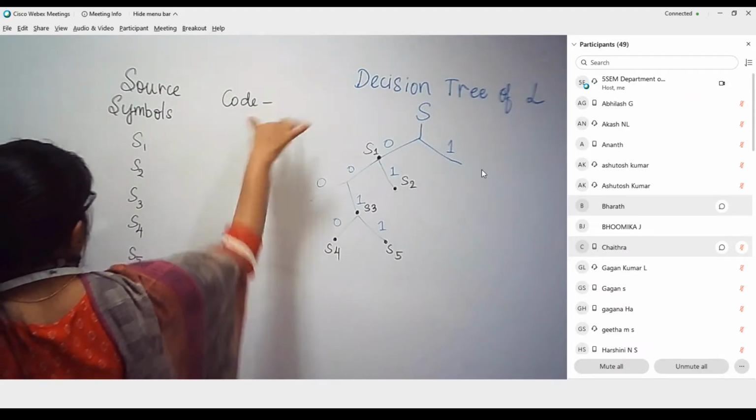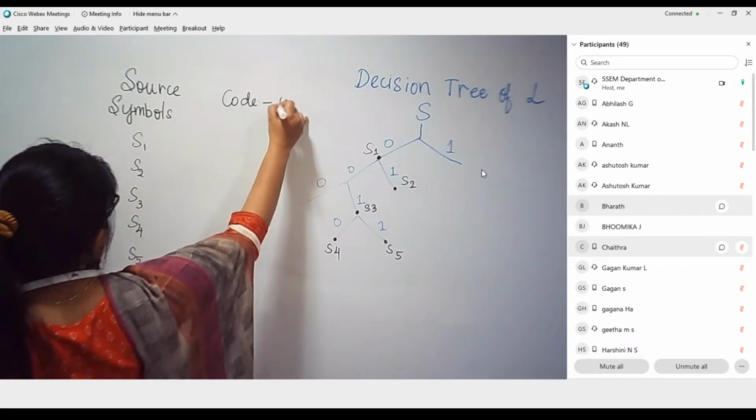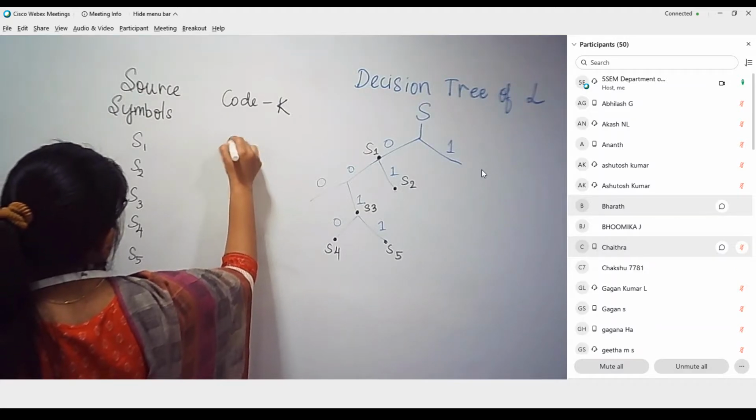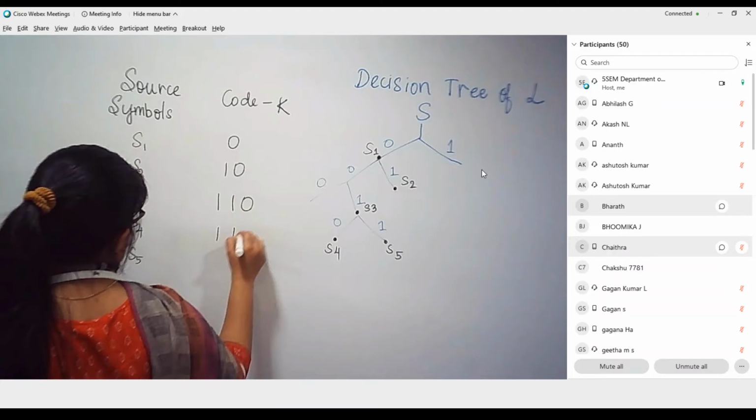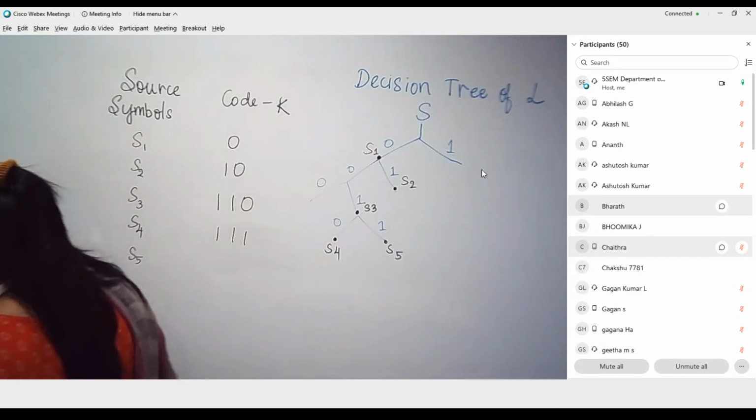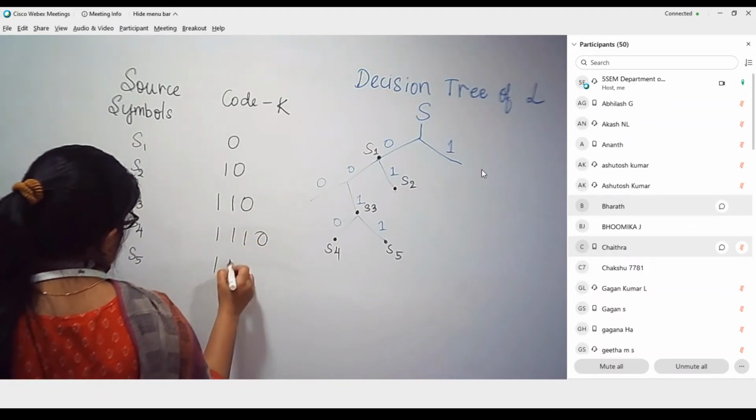I'm going to consider the code word set called K, which is 0, 1, 0, 1, 1, 0, 1, 1, 1, 0, 1, 1, 1, 1.